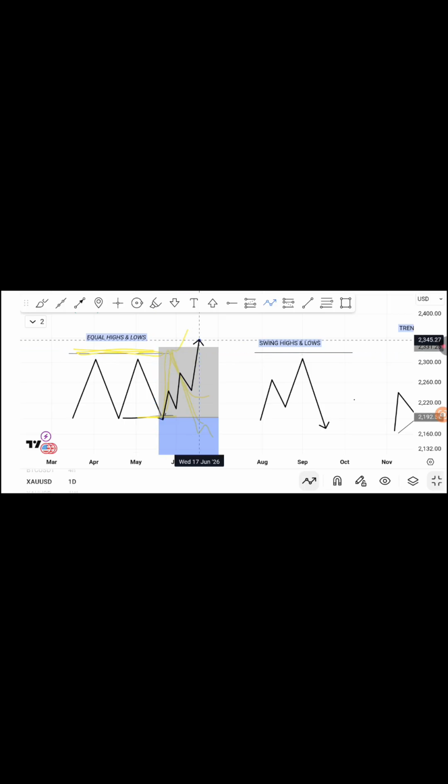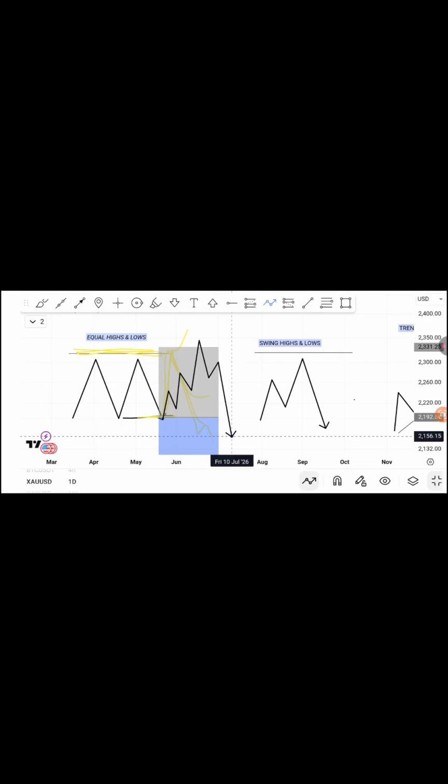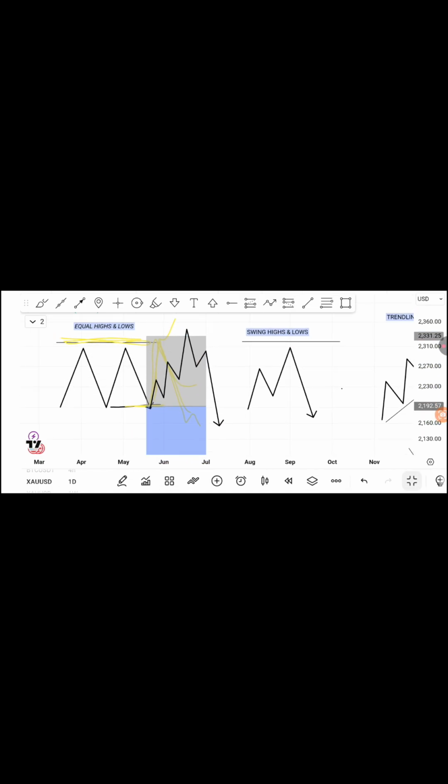They will take you out and also take out those that placed their buy orders here before the actual move happens, right? So this is how the smart money plays in the market. They will get you stopped out before the real big move happens. That's how the smart money works.